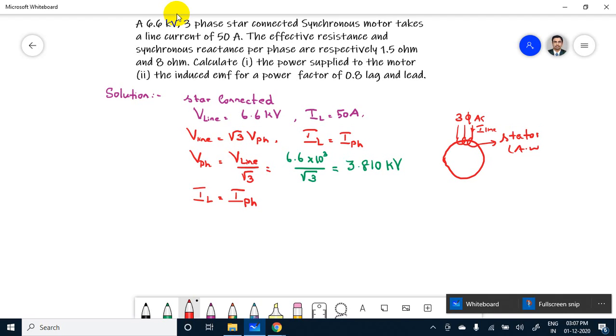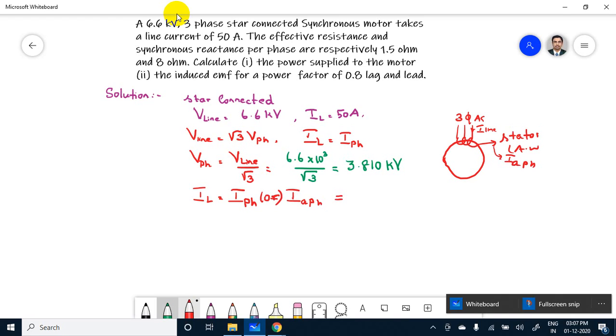Since the machine is star connected, line current equal to phase current. This phase current enters the armature, so in armature we represent IA phase. So IL equal to I phase, that is nothing but IA, armature current per phase.